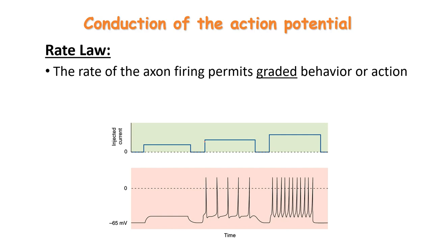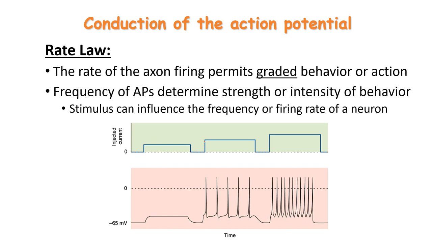So the rate of action potentials or axon firing is what permits graded behavior or action. The frequency of action potentials, or APs, determines the strength or intensity of behavior. Here are some examples of current or stimulus injected in the axon. This particular stimulus doesn't even reach the threshold of excitation, so it doesn't generate any action potentials, but this one does, and it's a little bit greater than the one before, so you have a certain number of action potentials that occur in this span of time.